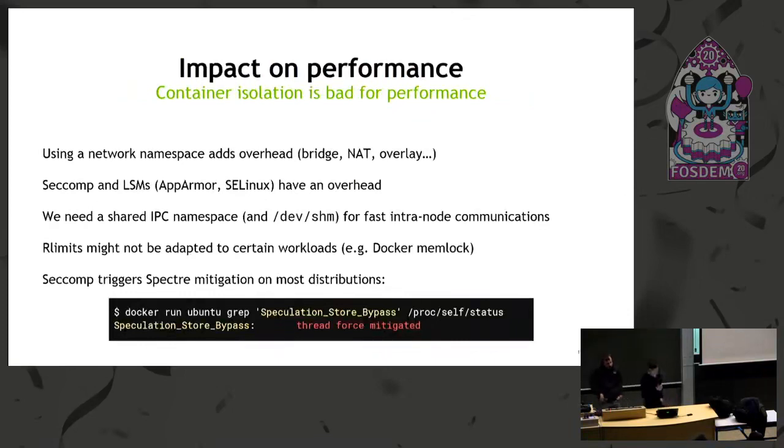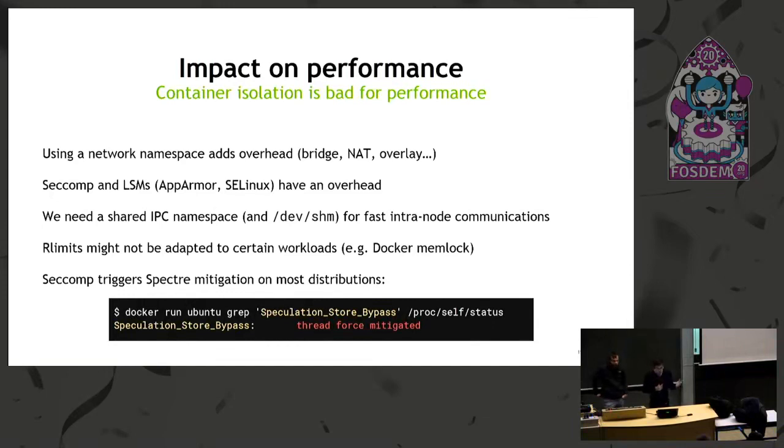And speaking of performance, some of the problems you can get with traditional runtimes: you have a network namespace, which usually involves a bridge or NAT or overlay networking, so you have overhead there. You have seccomp and LSM, which can have overhead for syscall-heavy applications. We also rely on shared memory a lot, so we need a shared IPC namespace.